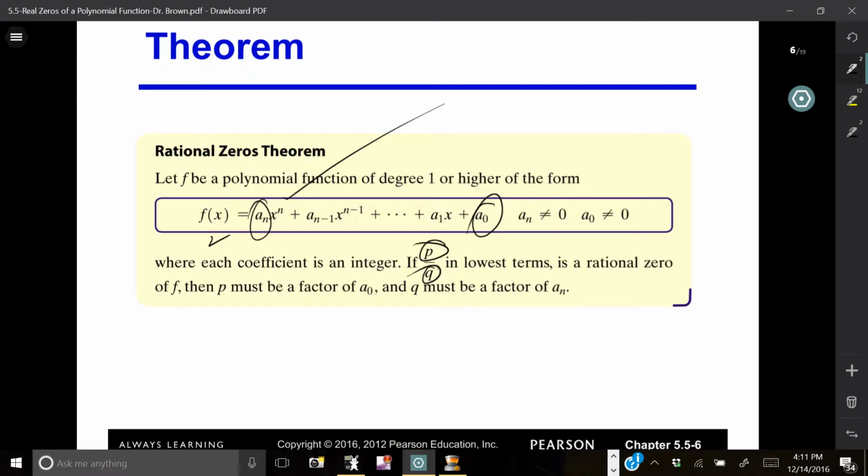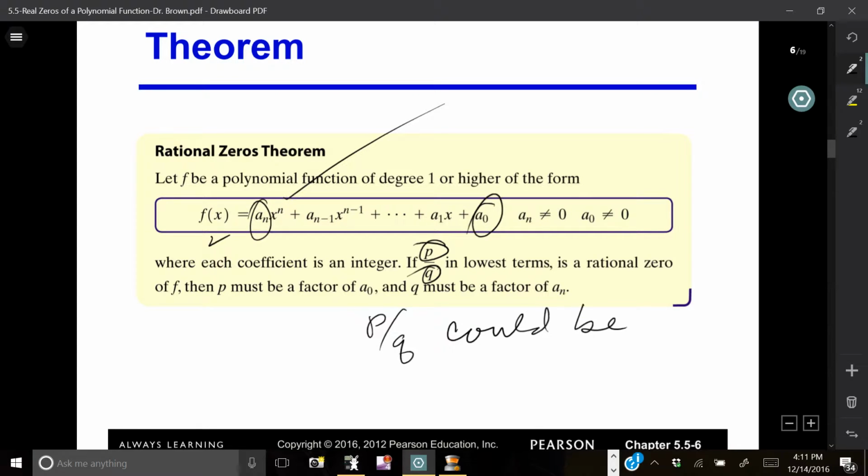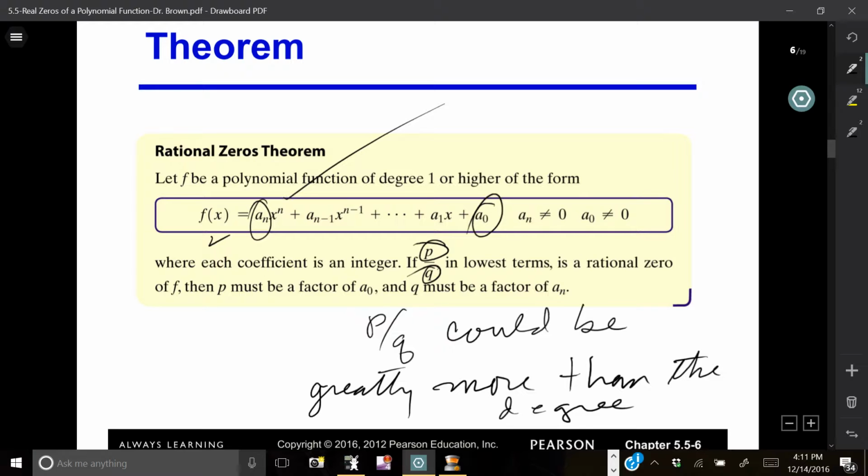So you can see that the various p over q's could be greatly more than the degree. And so you would be checking lots and lots of zeros by trial and error. And it took a lot of time. Now we use a calculator to do this.